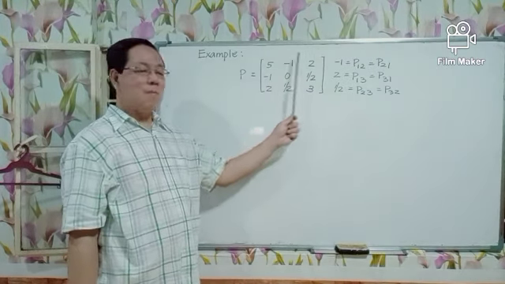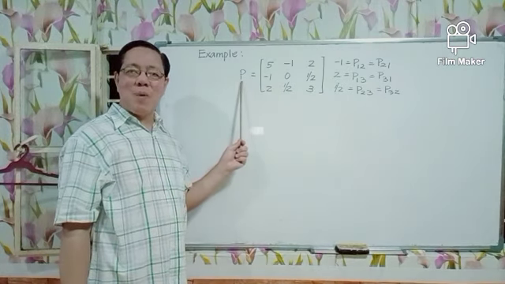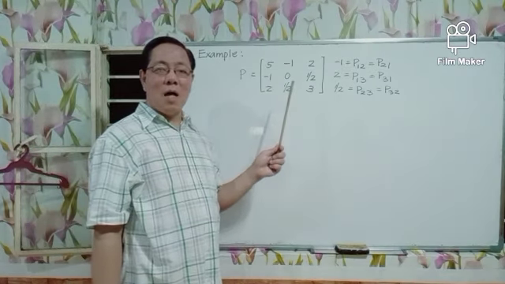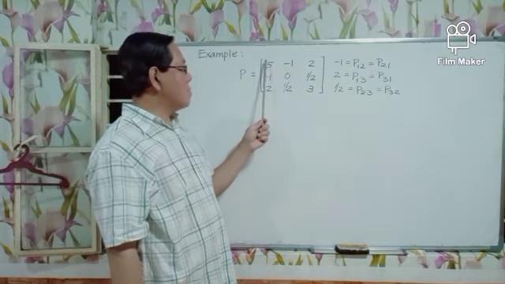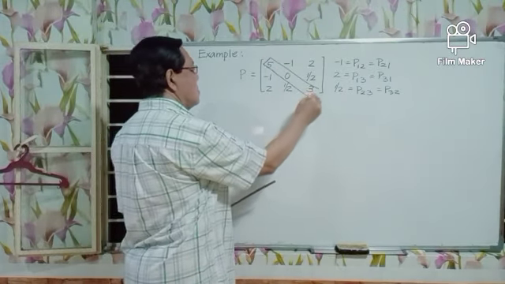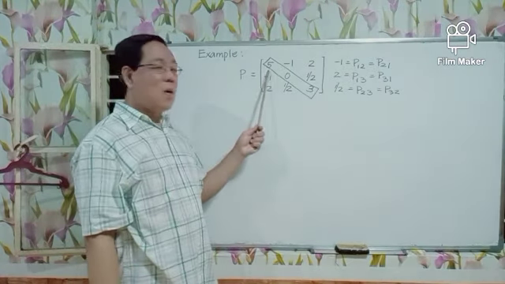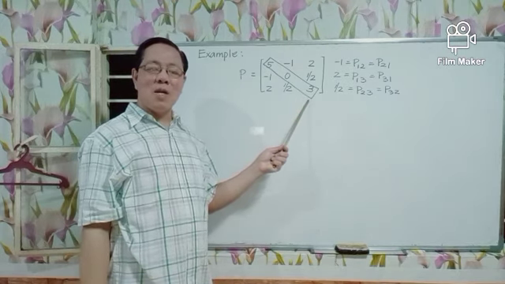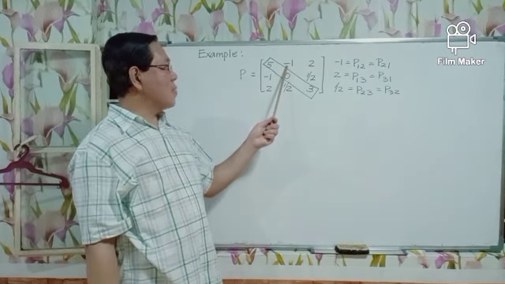So matrix P is a square matrix of size 3 by 3. And we check the non-diagonal entries. We start with entries above the diagonal. These are the diagonal entries: P11, P22, P33, or the entries P sub ij where i equals j. And above the diagonal we have -1.